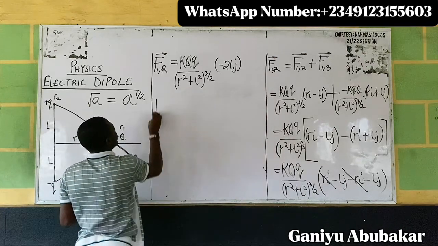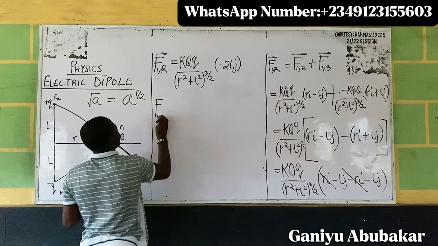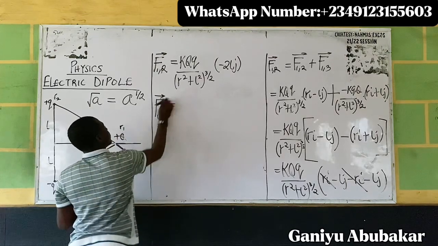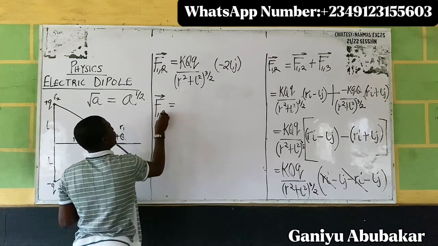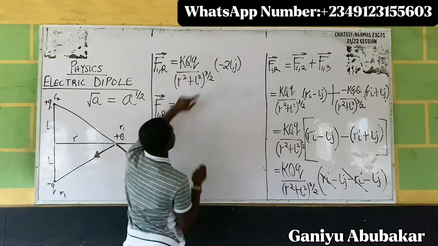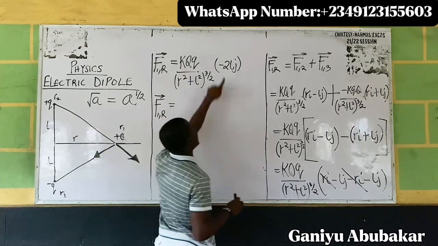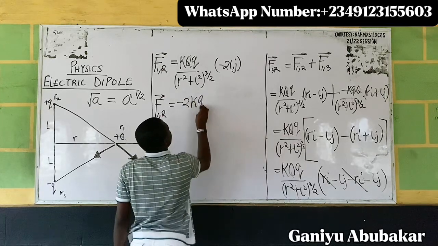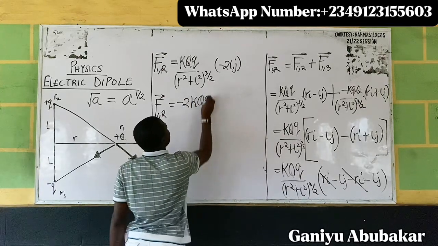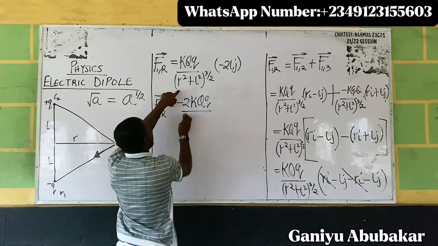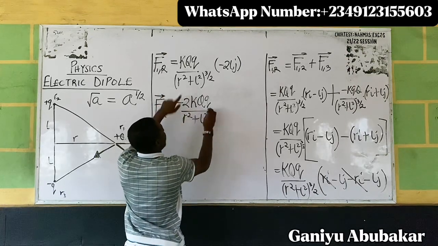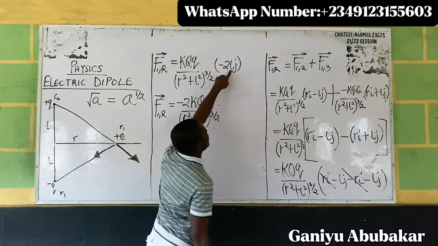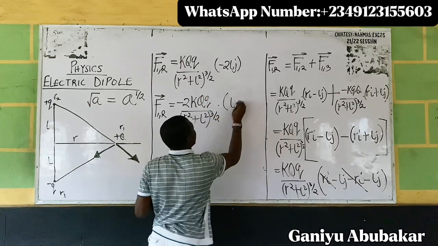Final answer: the F1 resultant value will be equal to kqq, by the way, minus 2 out first, minus 2, then kqq all over R squared plus L squared all to power 3 over 2 dot, and this was Lj in bracket.